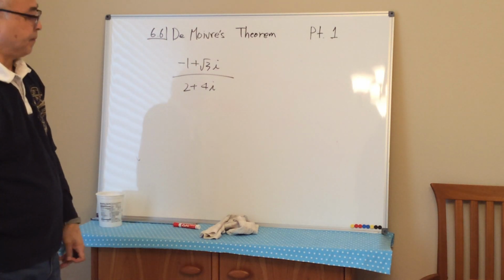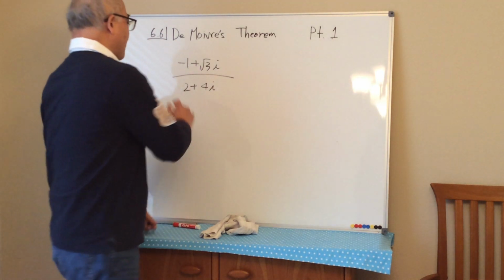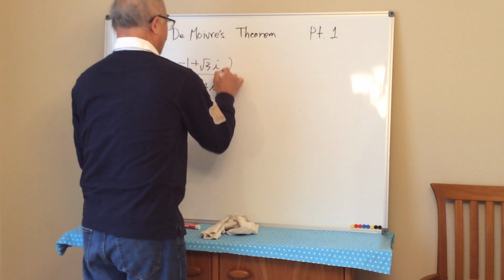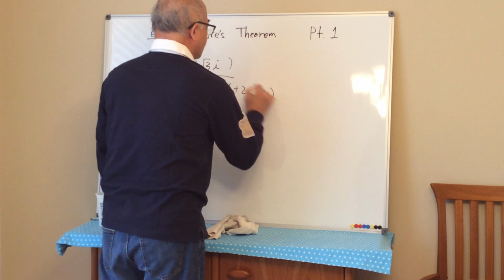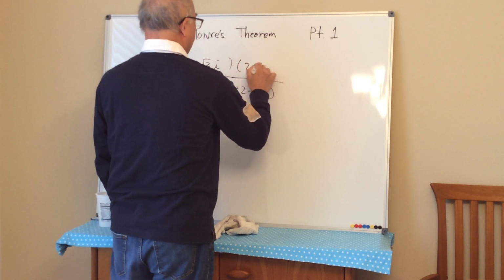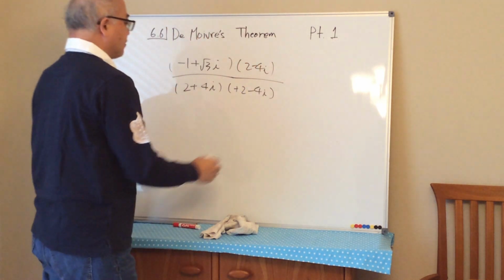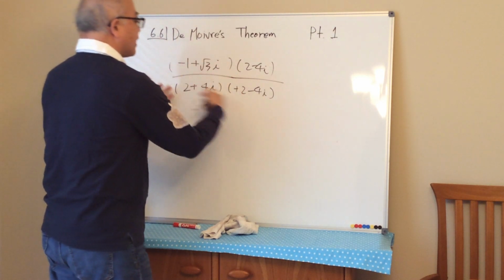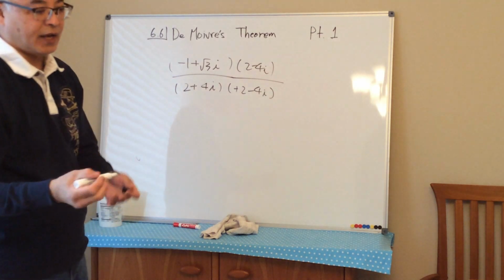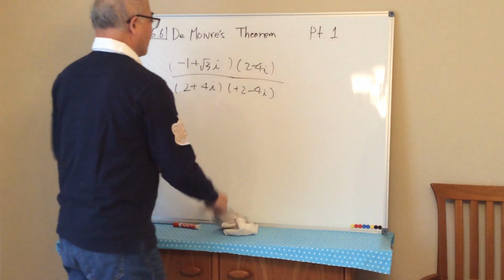How do I do that? Way back when, we multiplied the top and bottom by the conjugates. Then you have to multiply this out, divide them out, and it becomes very complicated or cumbersome.